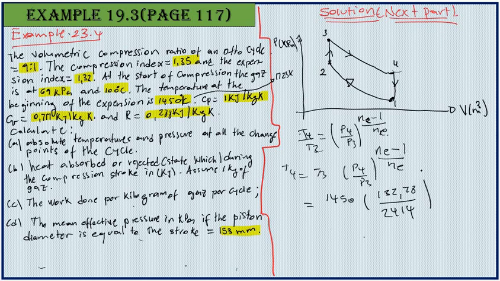So n minus 1 is 0.32, and then at the bottom I have 1.32.